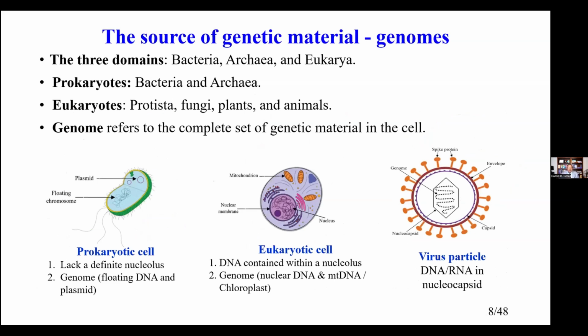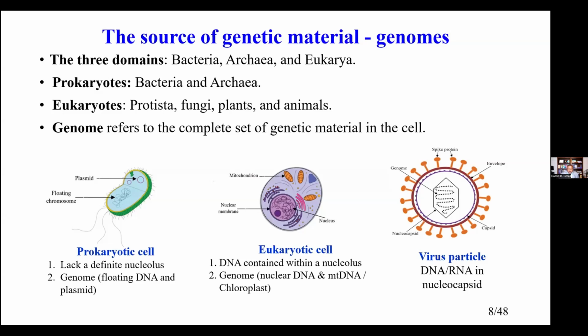So in the classic classification of living organisms, there are three domains: bacteria, archaea, and eukarya, and that is fine, actually, that classic.